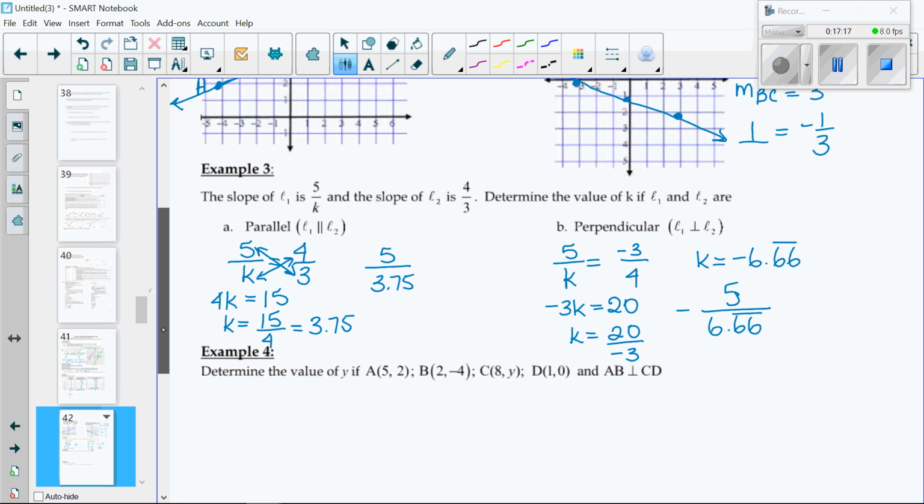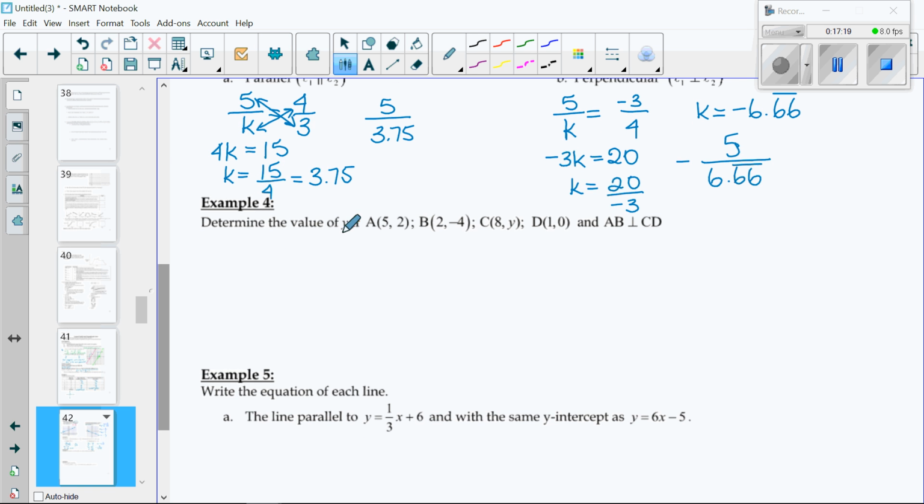All right. Now, determine the value of y if I have point A and point B, and I have point C and D. These are line segments, okay? So if they are negative reciprocals of each other, I need to first find the slope.